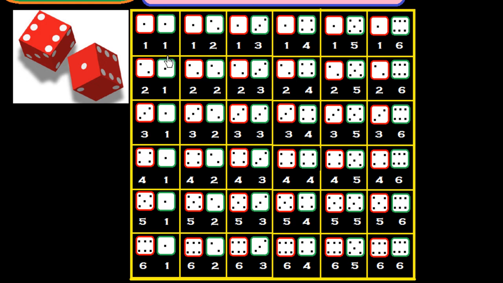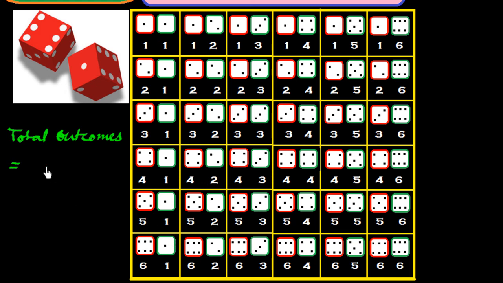The number of possibilities here is 36, because 6 into 6 is 36. We have another algebraic formula from which we can find the total outcomes of a compound event. The total outcomes would be equal to the outcomes in a simple event. If we throw a dice, how many possible outcomes are there?